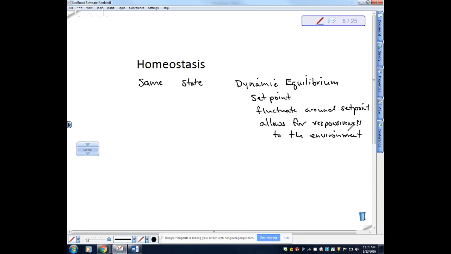But we need to be able to fluctuate around that homeostatic set point in order to respond to the environment. Heart rate is another really good example of this. If your heart rate stayed exactly the same, 75 beats per minute, what would happen if you tried to climb a set of stairs? You would not be able to keep up with the oxygen demand, and you'd have to slow down and rest.